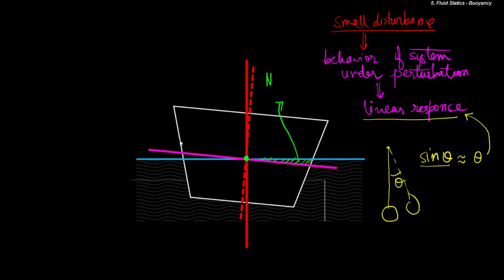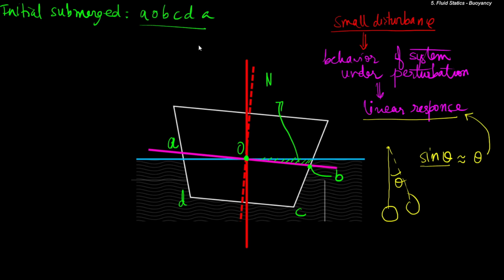The original submerged volume, let me call it the original B. So this point is B, C, D. The initial submerged volume is A, O, B, C, D, A, that particular perimeter, and into the plane whatever depth we have. This is the area multiplied by width into the plane. That gives us the volume.